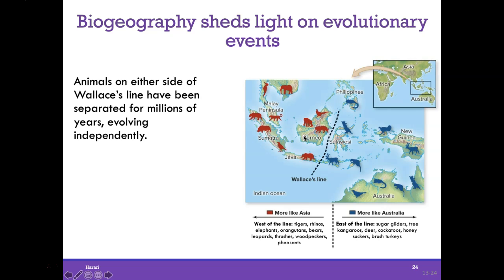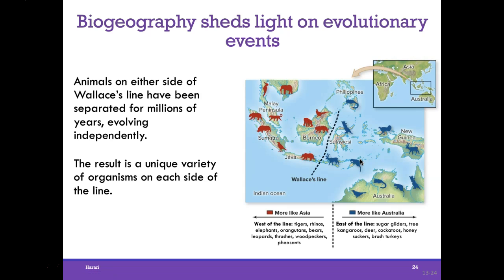So there were a lot of tigers and elephants, those kinds of creatures. But on the other side of the line, there were more Australian creatures. So he wondered, why was there such a stark difference between one side of the line and the other?